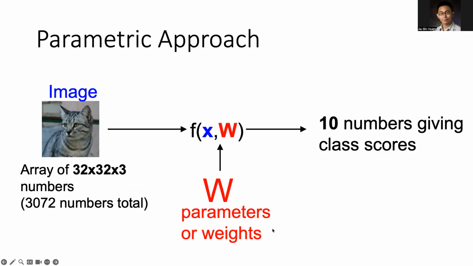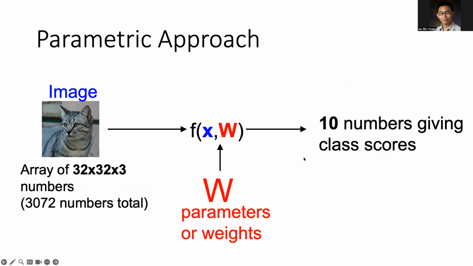This linear classifier has some parameters. By parameter, I mean something that you can tune. Think about a DJ board: there are some tunable parameters that will change the output. Imagine that you are trying to predict 10 classes.